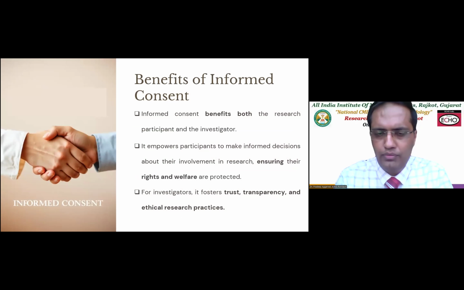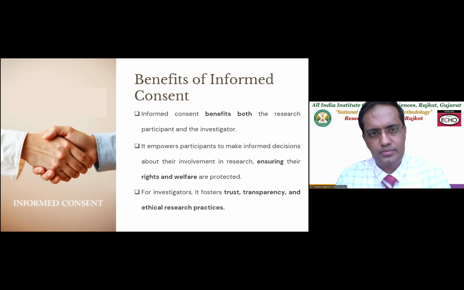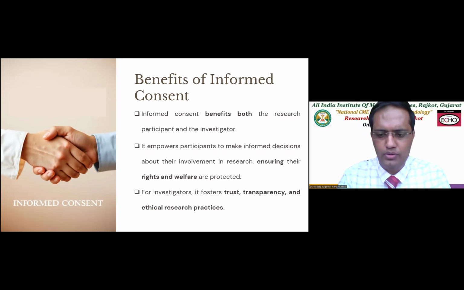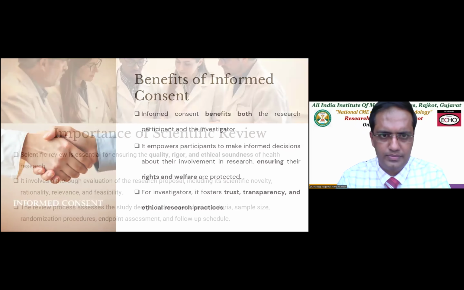Moreover, for the investigator, it fosters trust, transparency, and ethical research practice. So please be sure you take informed consent with each and every participant whatsoever you are enrolling in your research study.